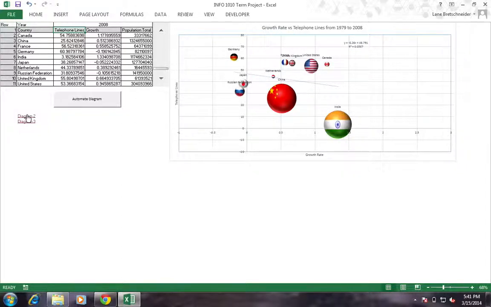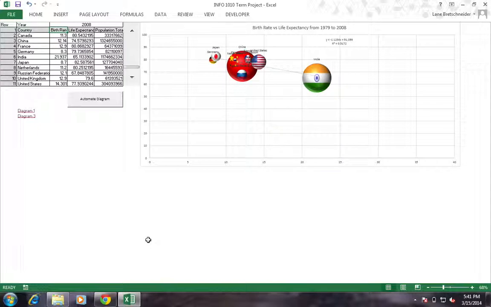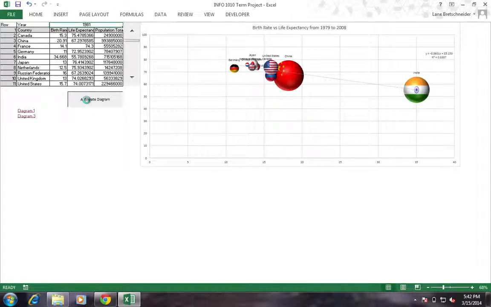So moving on to the second diagram, instead of those last two variables, we now move with birth rate and life expectancy. Same 30 years, population total is still the bubble size, and we still have the same 10 countries here. So birth rate's given on the x-axis, life expectancy on the y, and we'll automate it.